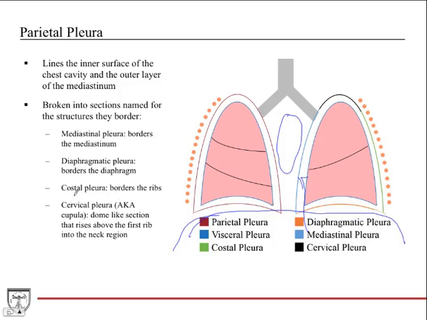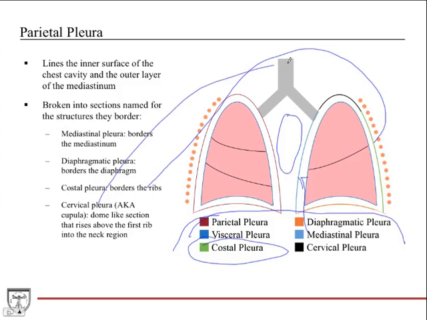Then you have the costal pleura, which is shown here in green. That is what wraps around and makes contact with the lungs. This is probably one of the larger portions of it. Then you have the cervical pleura, which is shown here in black, and this is also known as the cupula. That's a name for this division of the parietal pleura.